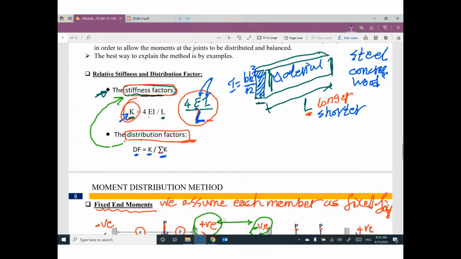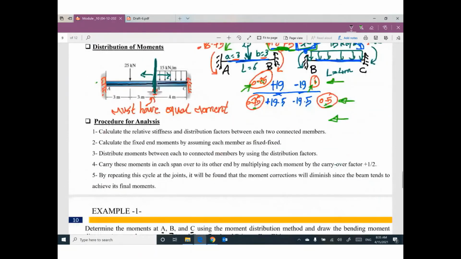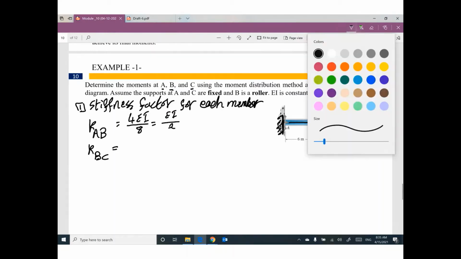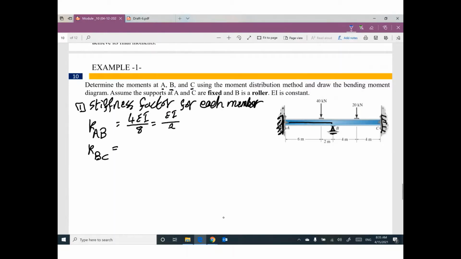Stiffness factor equals 4EI divided by L. Do you have a value for EI? No. Okay, keep it. 4EI divided by L. What is the length of member AB? 8 meters? Okay, 8. So if you would like to simplify, it will be EI divided by 2. That makes sense? What is the stiffness factor for the member BC?